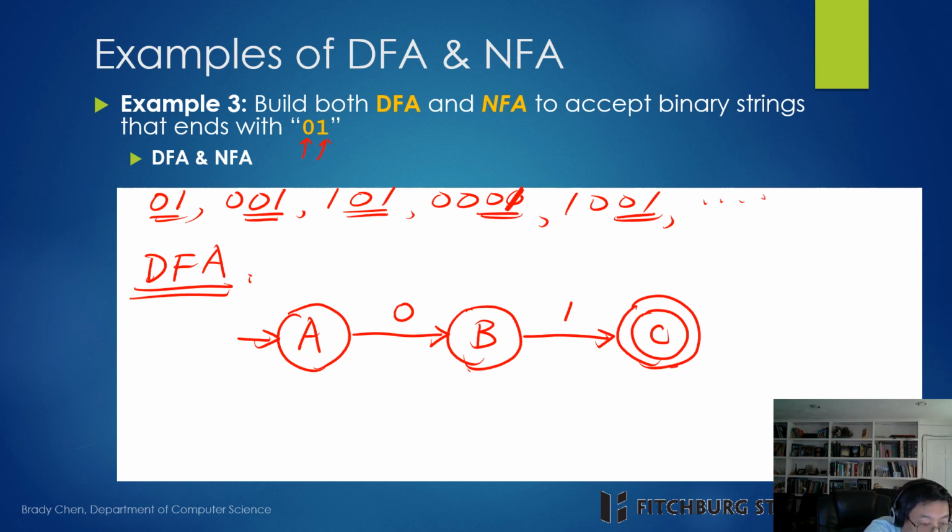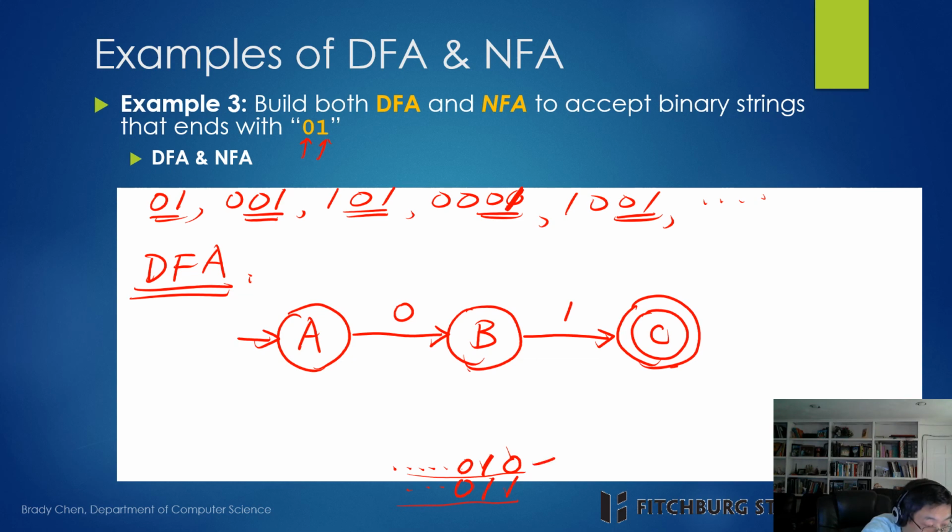But if our next input value is, say, 0 or 1, then whatever the string was, it ended with 01, but with a next input value of 0 or 1, either way the new string is no longer an accepting string, right? Because it does not end with 01.